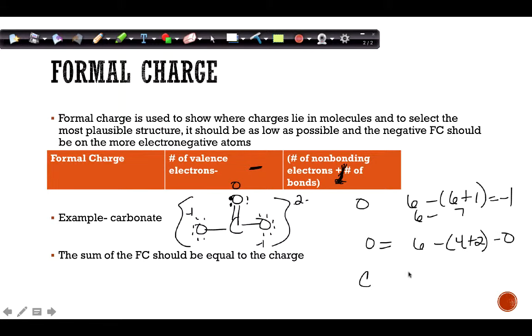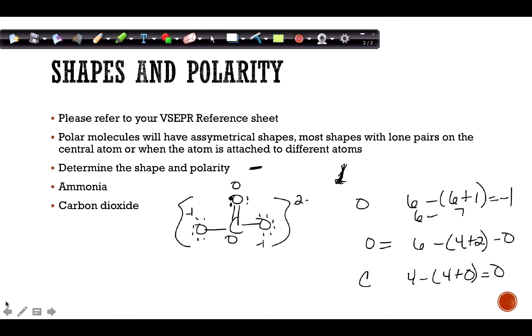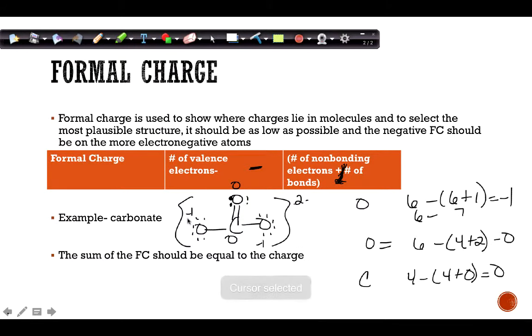So carbon has 4 valence electrons, and then it has 1, 2, 3, 4 bonds, and 0 lone electrons, so that one would also be 0. So let's make sure that it adds up to the charge. So -1 plus 0 plus -1 plus 0 should be -2, and it is.